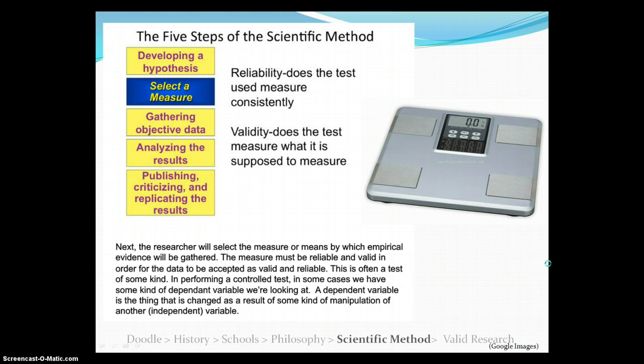So then we move on to selecting a measure, and I would say rather than calling this step selecting a measure, I would call this step creating a study or developing a study, because first of all, we need to figure out what we want to test and how. We need to decide, do we want to use something like field observation to study human behavior?